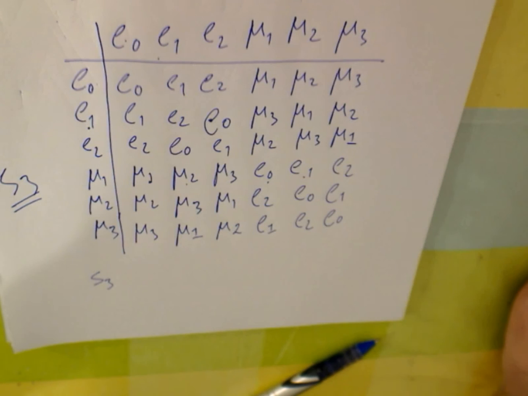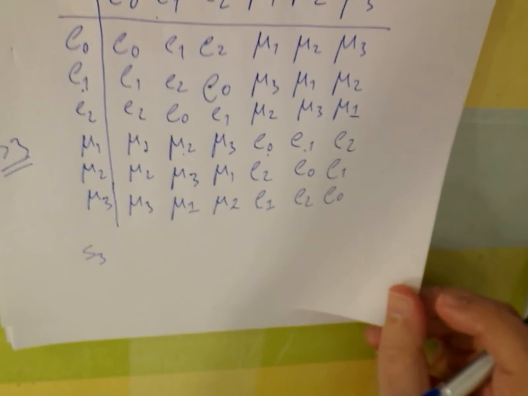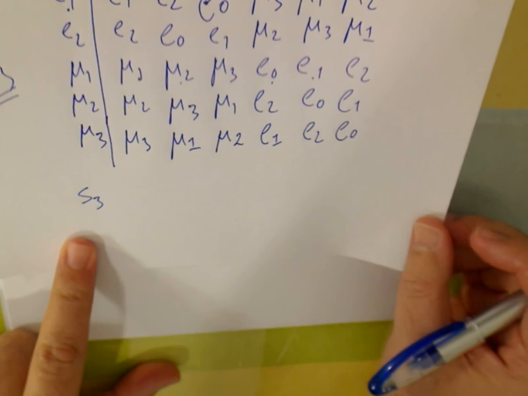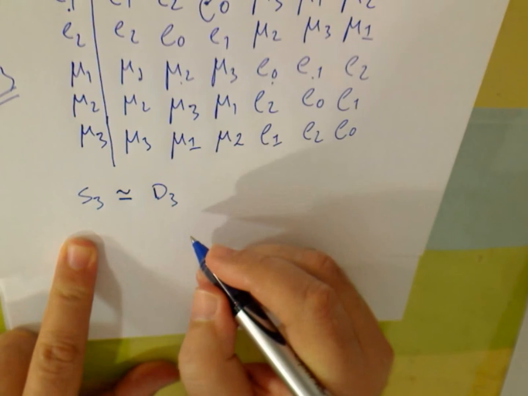I'm not going to say now, but we can also say for the more advanced viewers that it is the same as the semi-direct product of C3 and C2, because there is only one non-abelian group of order 2p for any odd prime p. But that's a lot for the moment. What I want to say is that S3 is also the group D3. If you want, you can say they are isomorphic.